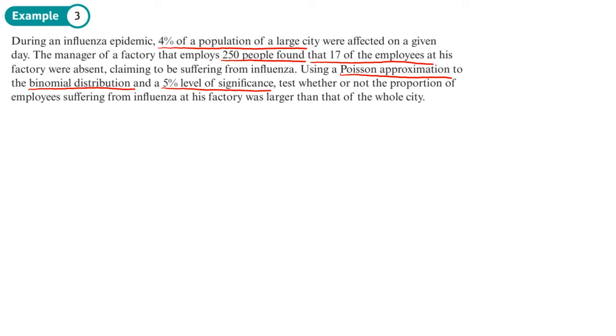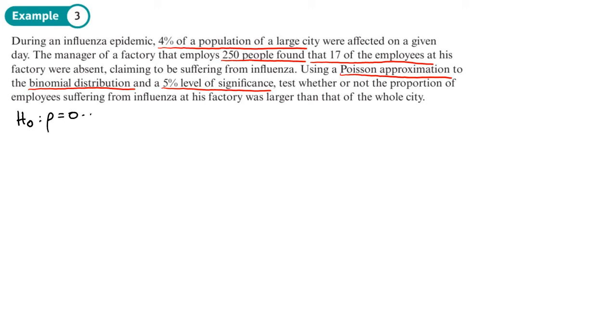So the first thing we do, we're going to write this question out as if it was a binomial hypothesis test, but the working is going to be Poisson hypothesis. So everything we do to start with is going to be as if this was a binomial. Right, okay. So first of all, what's the proportion of people if nothing was wrong at the factory?